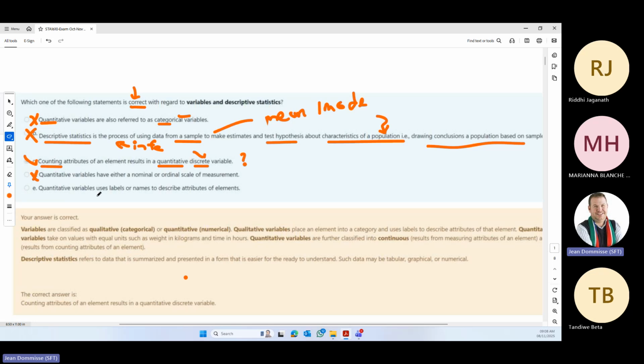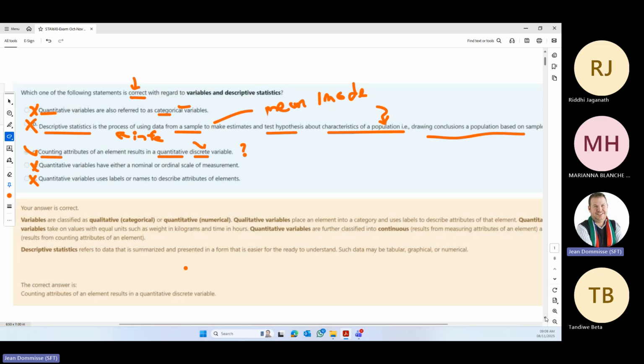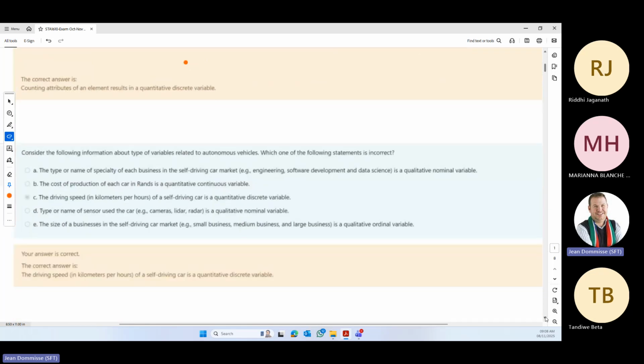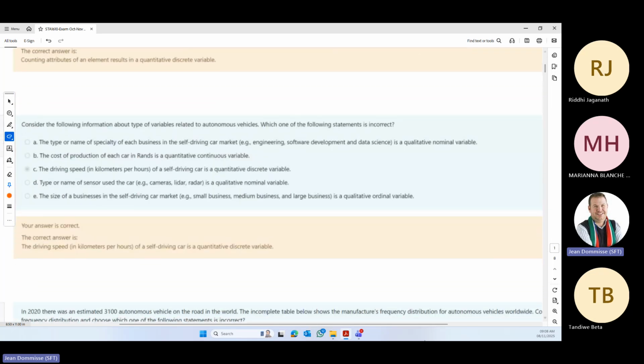Quantitative variables use labels or names: incorrect, again qualitative. Important in this one again, and I even highlighted it for me to look for the correct one. But when it came to the correct one, it was also like, okay, why? What's wrong with this one? Okay, cool. So hopefully the second one will go simpler.